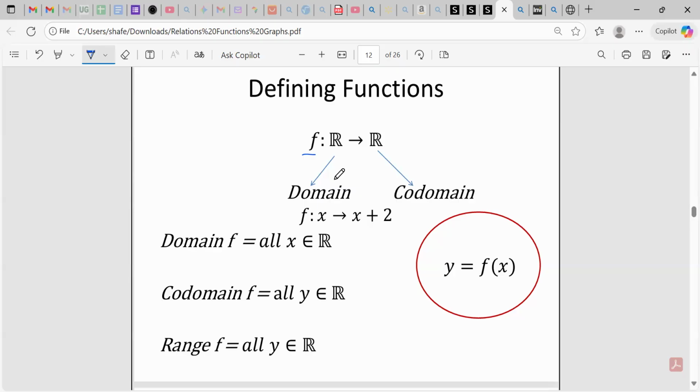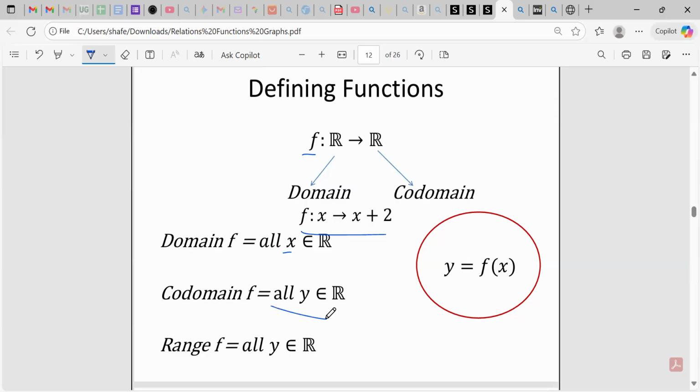The teacher just gives you a function and you do all kinds of things with it. For example, the function f(x) is such that x maps onto x plus 2. The domain of this function, in other words, what values x can take on? x can be any and all the real numbers.